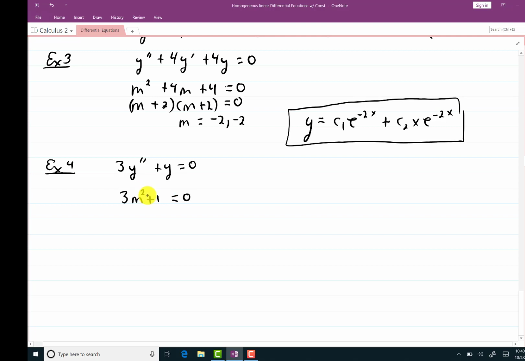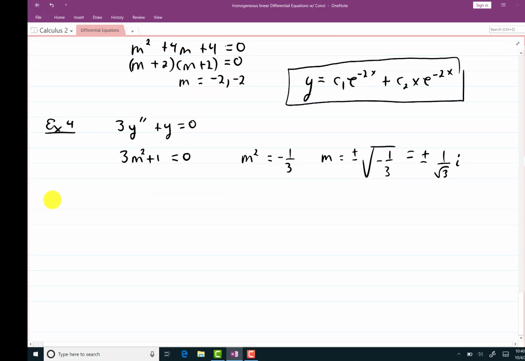Then m squared equals negative 1/3, so that m equals plus and minus the square root of negative 1/3. Well, this equals plus and minus 1 over the square root of 3, but times i. It's an imaginary number. That happens sometimes when you solve equations of this type.